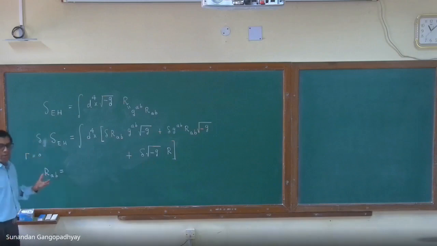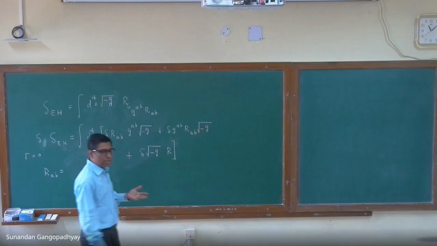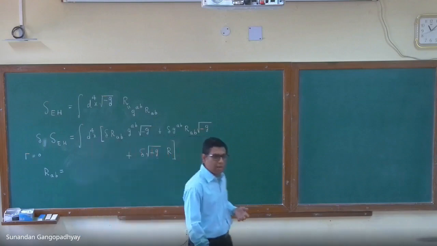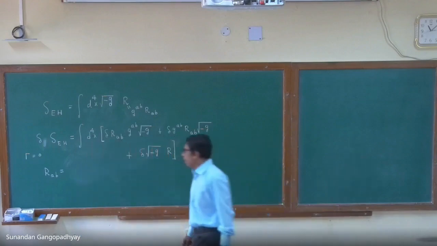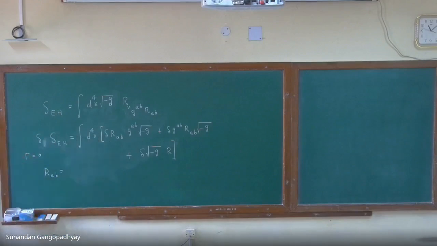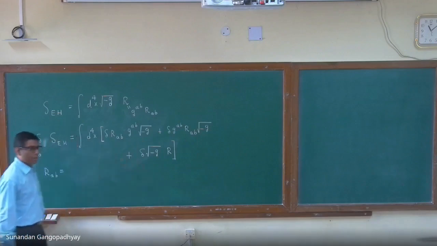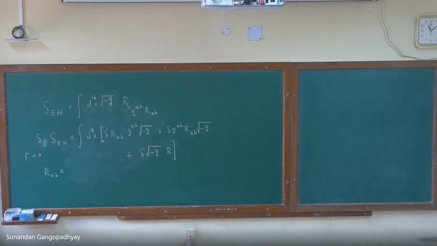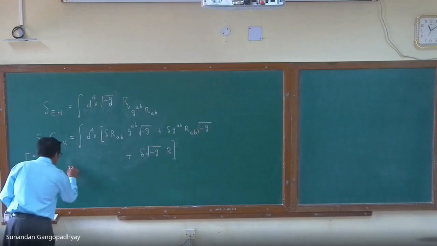The principle of equivalence says that you can always go to a coordinate system where special theory of relativity applies, and in that coordinate system, gamma is 0. So if gamma is 0, those products of two gammas vanish, and therefore you can write R_{AB} as, let me write down the expression.